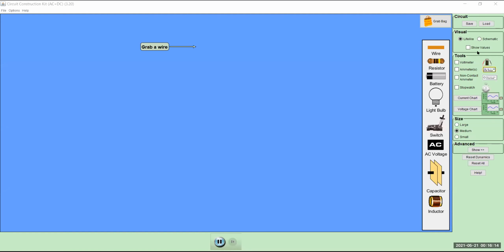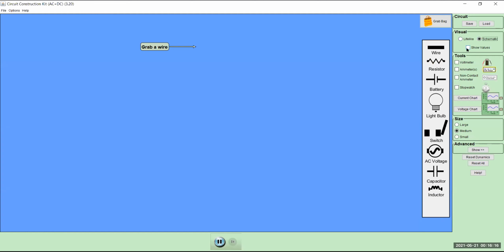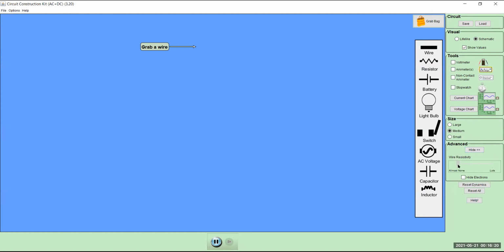So again, let me share the screen. Okay. Schematic, show values. Make sure that you have some resistance in here, hide electrons. And let me pick up the stuff in here that I need to pick up again.